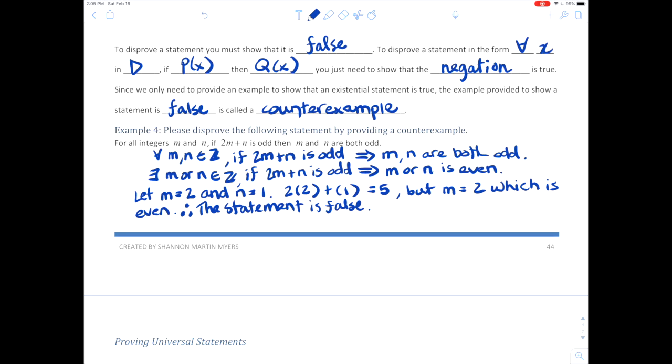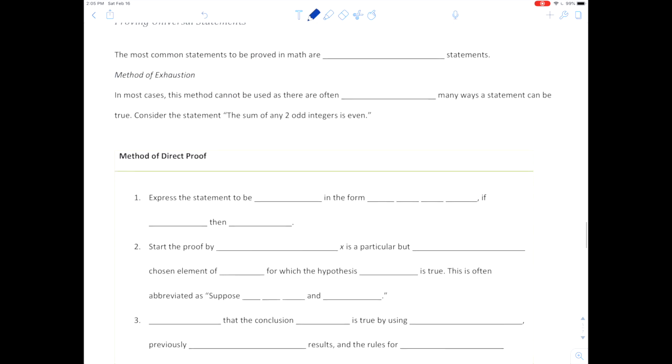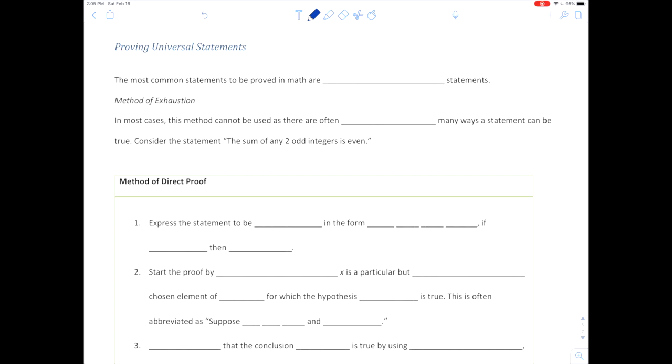All right? Okay, so proving universal statements. This is something that will be very typical. The most common statements to be proved in math are universal statements.